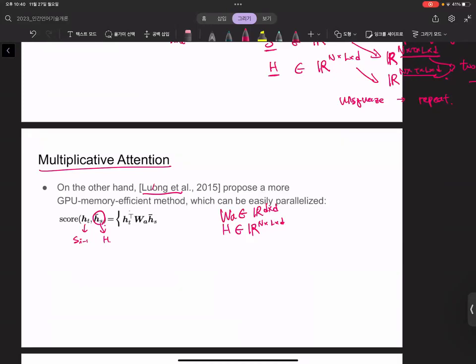And now, if we want to parallelize this, because this is from the decoder and this is from the encoder, it is n by T.